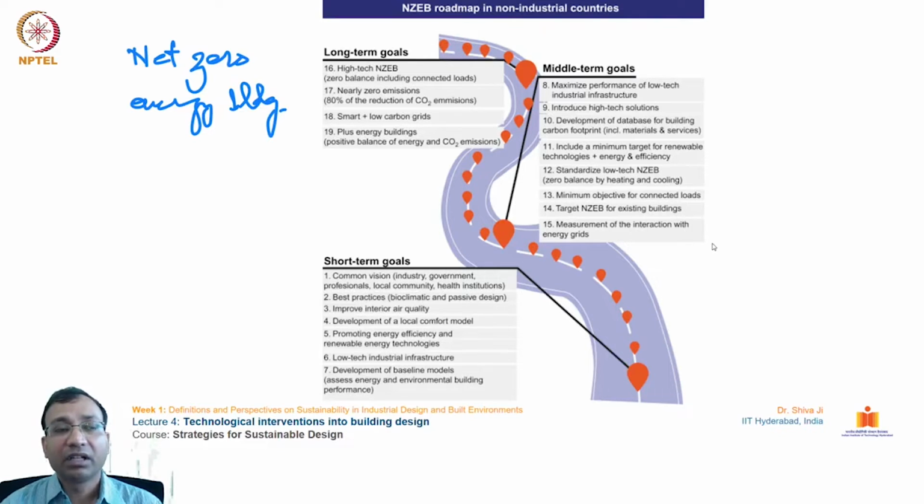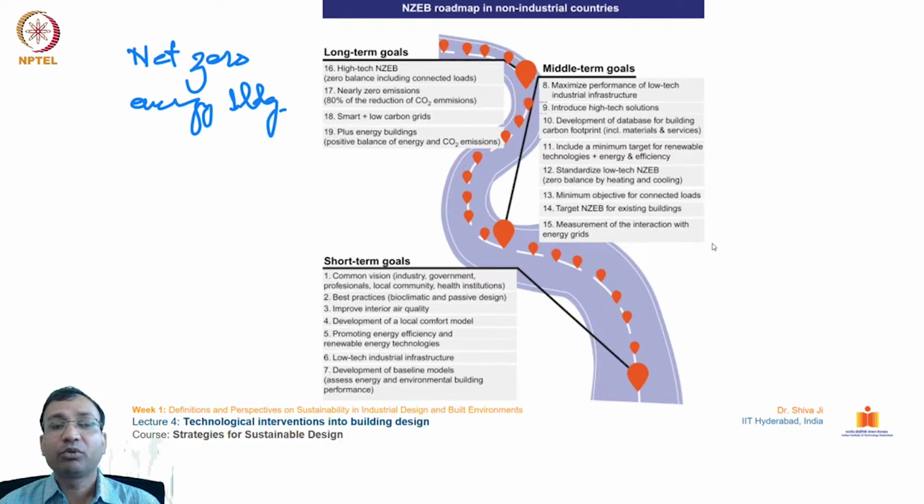Let's start with the bottom one, short-term goals. With the common vision of the industry, government, professionals, local community, and other institutions, the best practices can be set, such as bioclimatic and passive design strategies in the building design, to reduce first of all the consumption of electricity in any given building, so that the overall requirement of power remains in check.